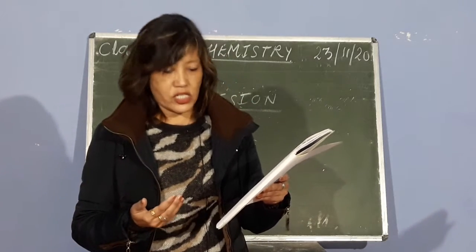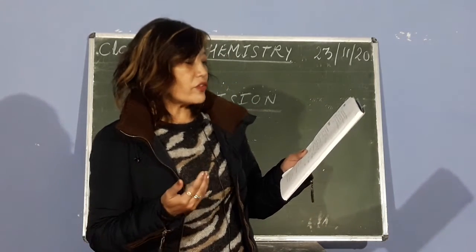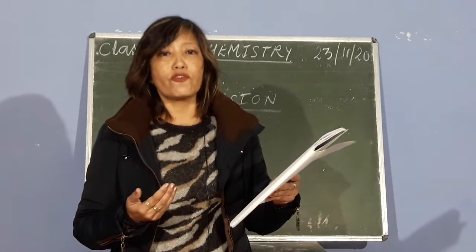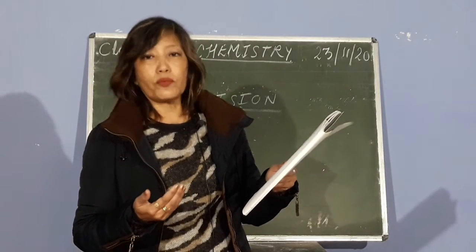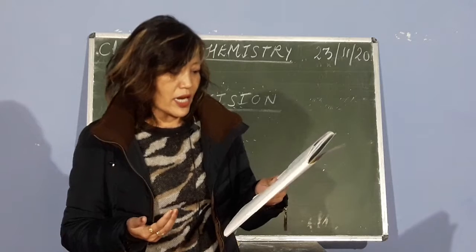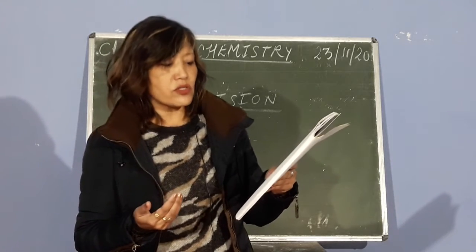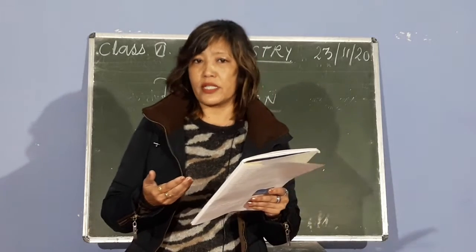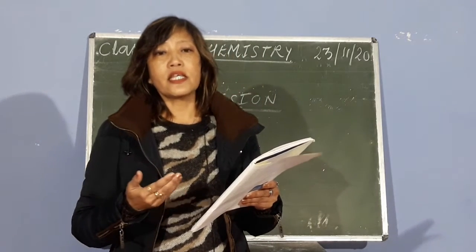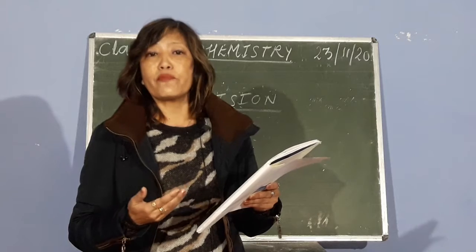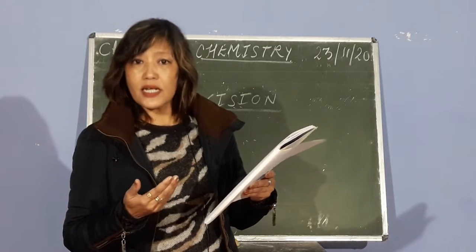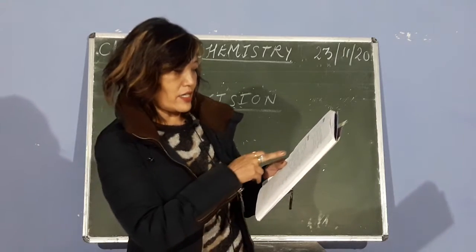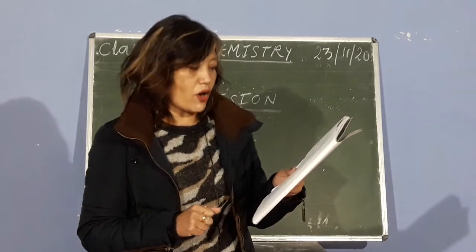So which of the following supports combustion? It is oxygen. Then which of the following is necessary for photosynthesis? The options are carbon dioxide, methane, nitrogen, and oxygen. Now as you are already familiar with the process of photosynthesis, the plants use which gas to prepare food? It is carbon dioxide. So the answer is carbon dioxide.